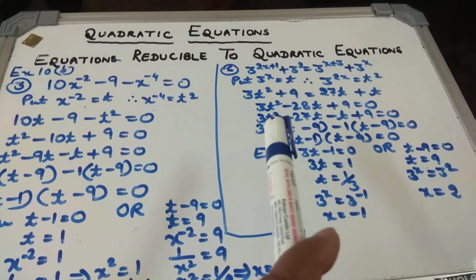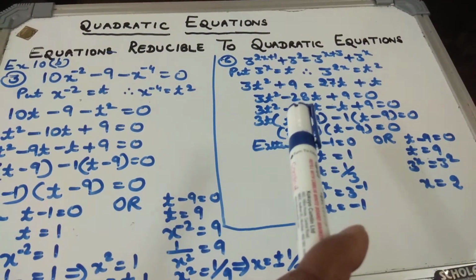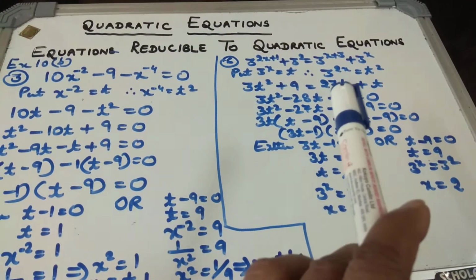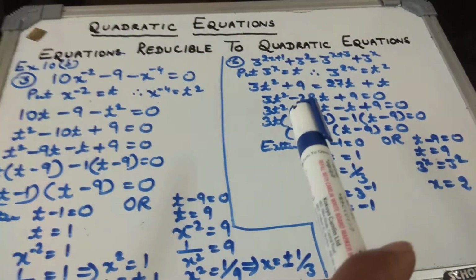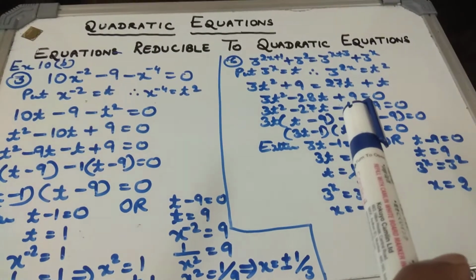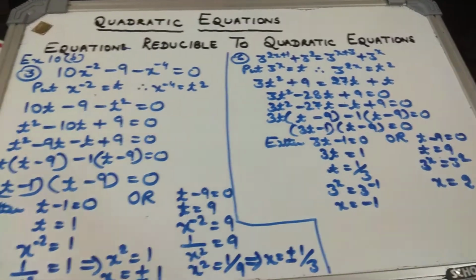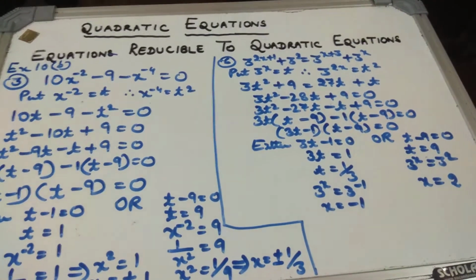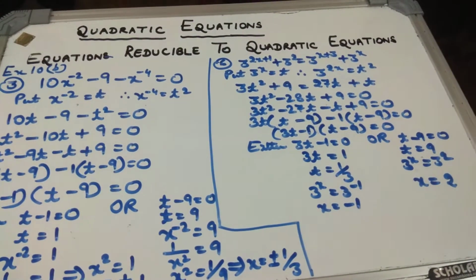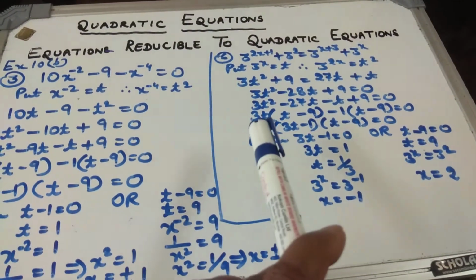Now 3t square minus 28t, since 27t plus t will be 28t. If you take it to the left side, minus 28t plus 9 equals 0. This is how the equation has been reduced to a proper quadratic form. And now the factorizing part is simple.